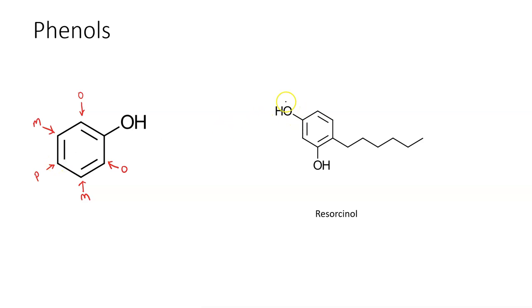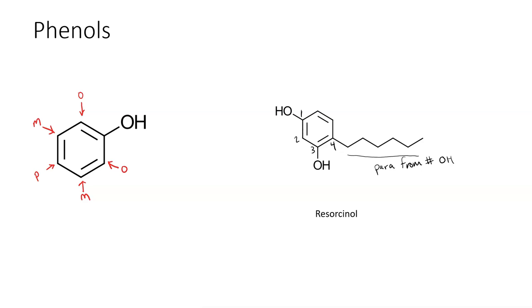So if we're looking at, let's say, this is our primary hydroxide group, it's at the 1 position, and we're going to the 1, 2, 3, and 4 positions, then we would say that the hexyl group on this ring is at the para position from the number 1 alcohol.